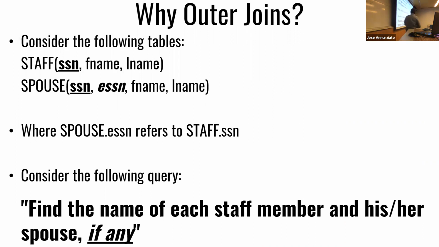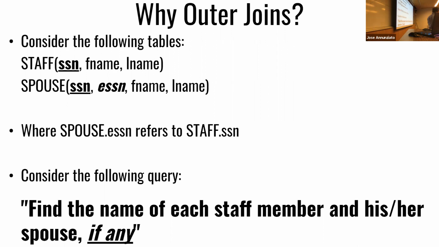Okay, so here's an example. You might have two tables, and there's staff that is working at the university or a particular company. They have a social security number, first name, last name, and then in another table we have the spouses of the staff. Now not everybody has a spouse.